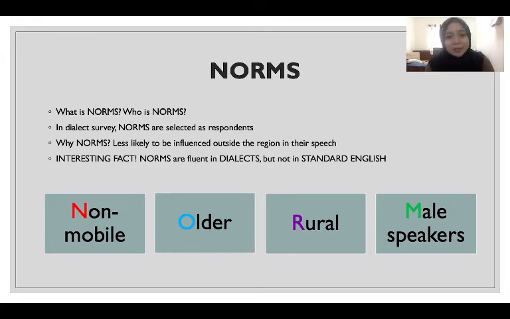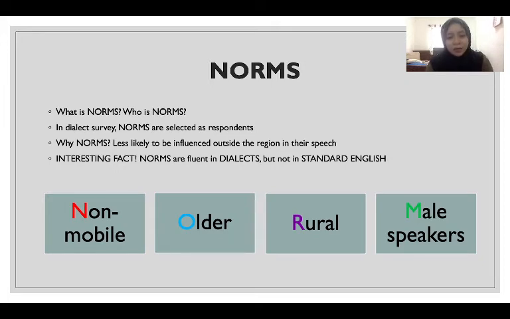So these are examples of NORMs. Most of the time they come from the rural area, older, because of their experience and knowledge, non-mobile, they don't travel much, and male speakers compared to female speakers, because male speakers are less likely to be influenced, whether emotionally or otherwise.